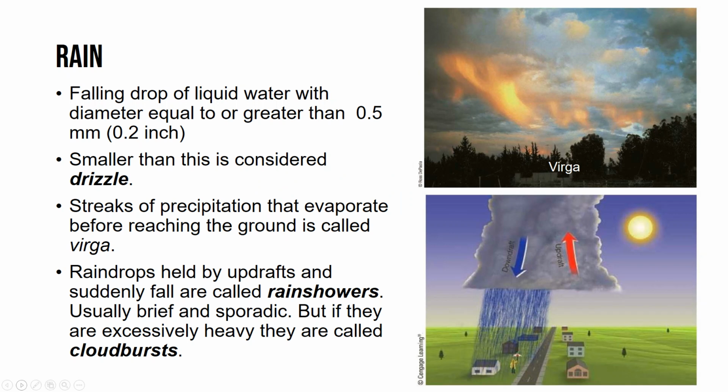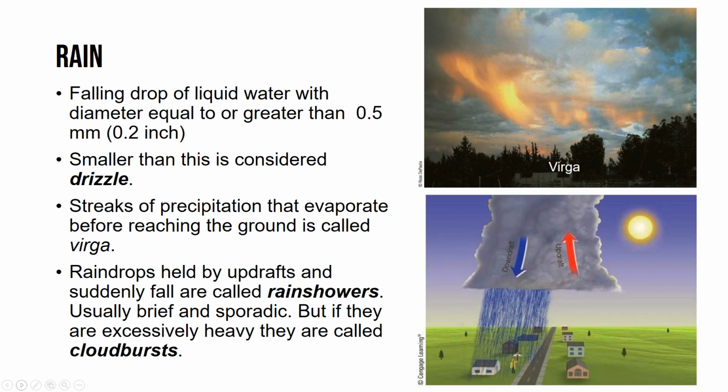So that's how you consider precipitation as rain: a drop of liquid water with a specific diameter. Smaller than this, we consider them drizzle. Also, pictured here, streaks of precipitation that evaporate before reaching the ground are called virga.